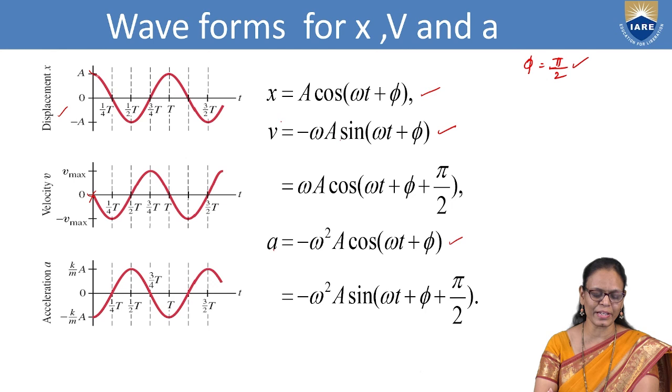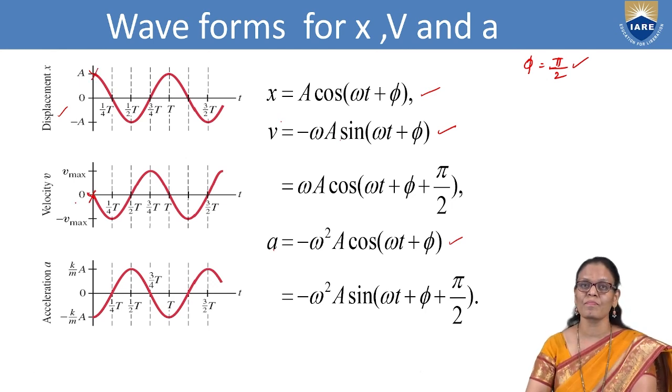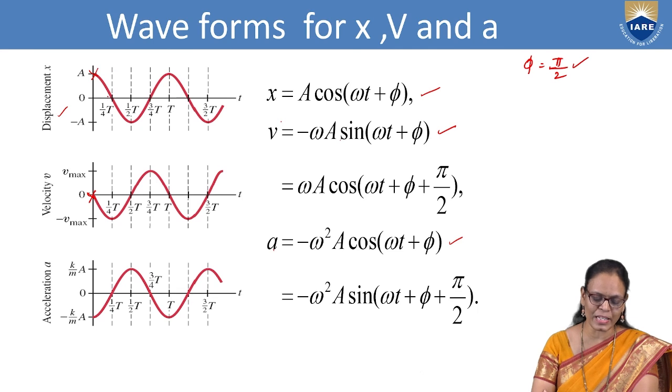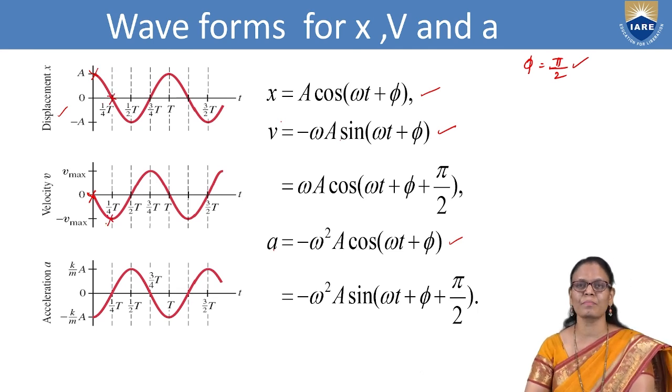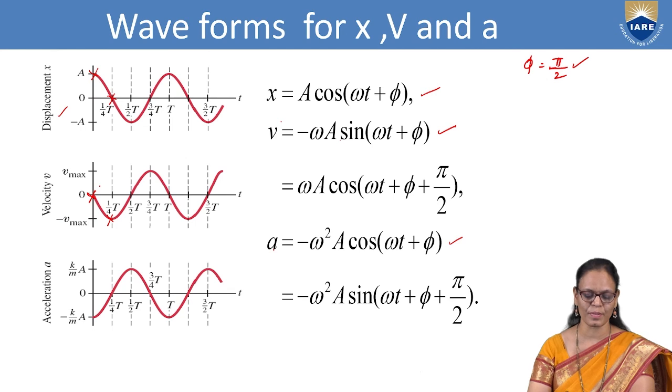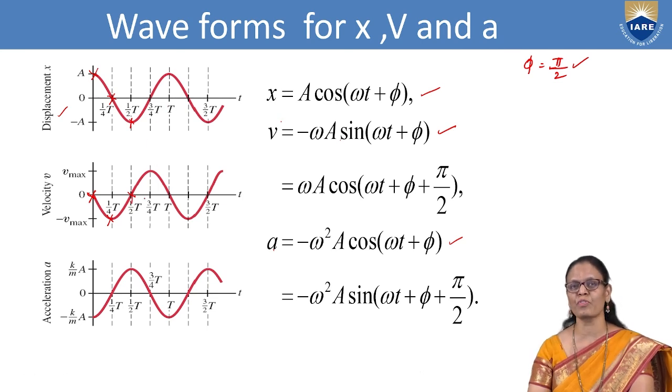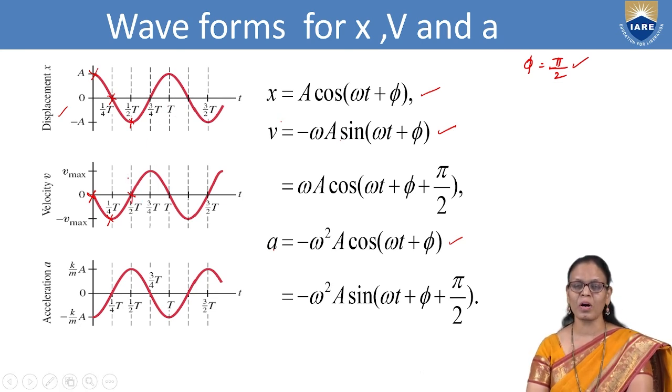Means when the particle is at the extreme position, its velocity is 0. And when the particle is at the mean position, the velocity is maximum. So these 2 points are very important for us to understand harmonic oscillations. Again, if it comes to the extreme position, it becomes 0. So with the help of the waveforms, we can relate displacement with velocity.